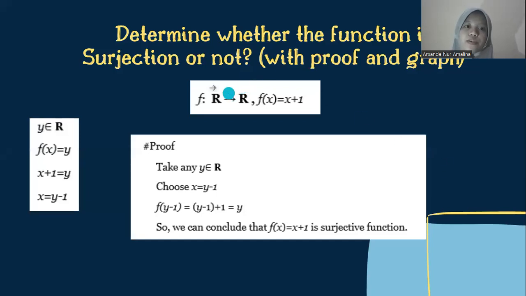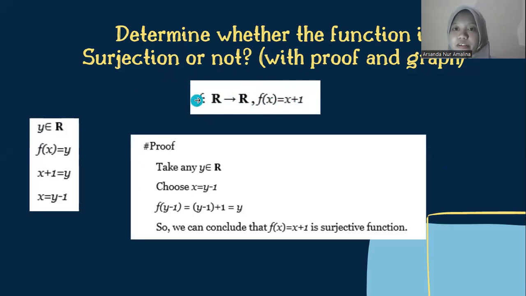Next, we are going to determine whether the function is a surjection or not. So here is the proof. We have a function f that maps the real numbers R to the real numbers R, where f of x equals x plus 1.